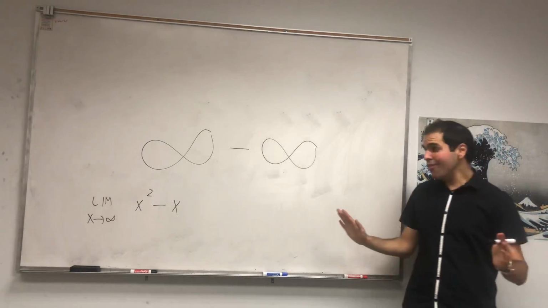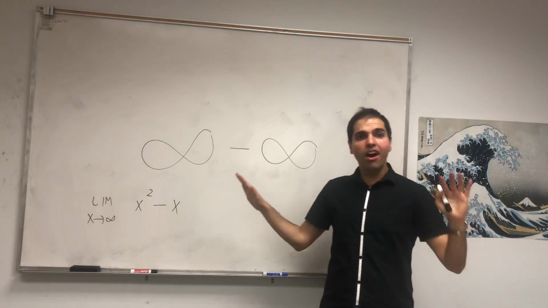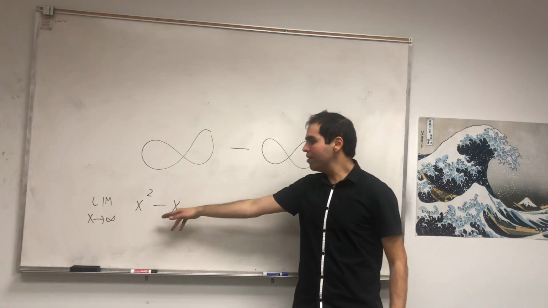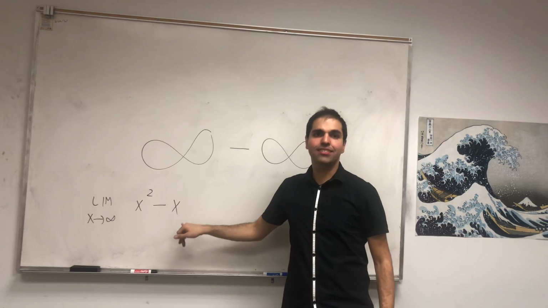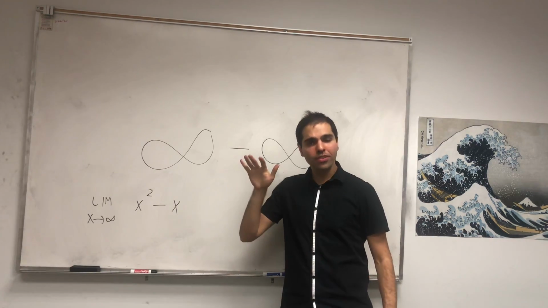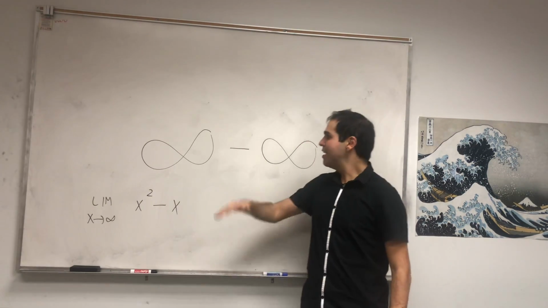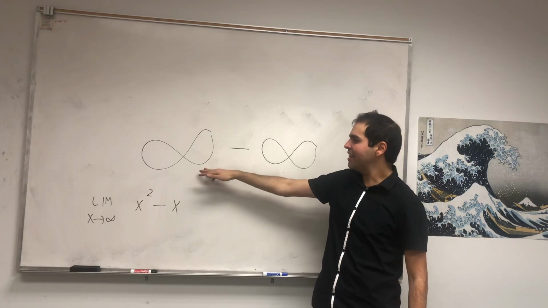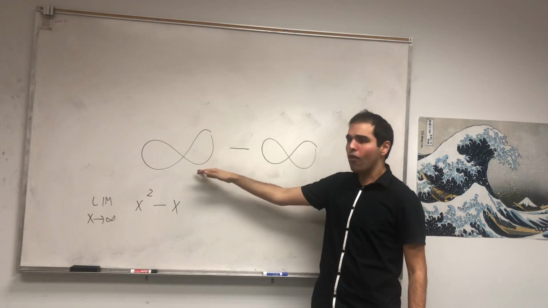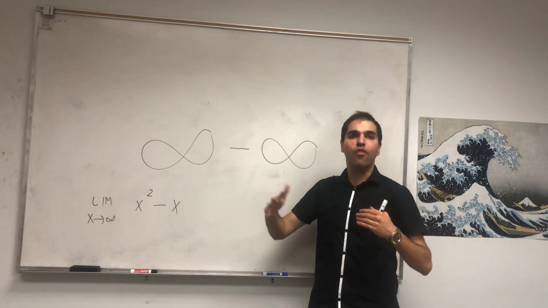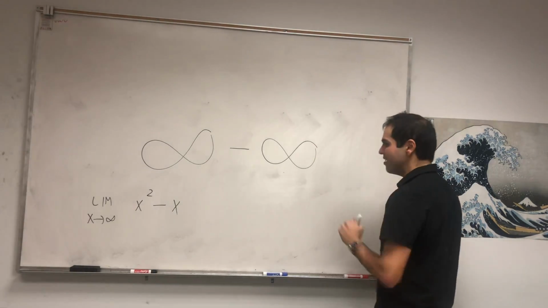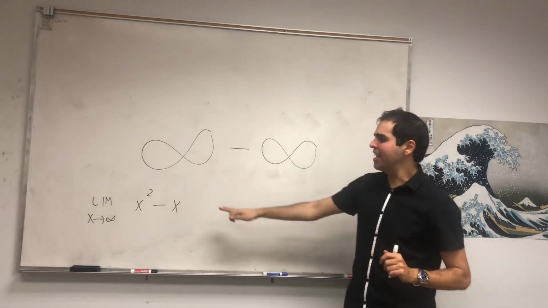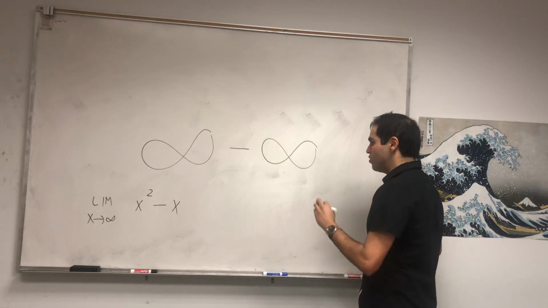And by the way, today's video is not about limit laws. I will not show you how to calculate x squared minus x. I just want to introduce indeterminate forms and in fact illustrate that in indeterminate forms there is a tug-of-war going on between two quantities.